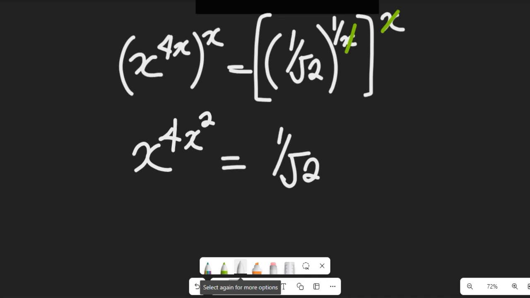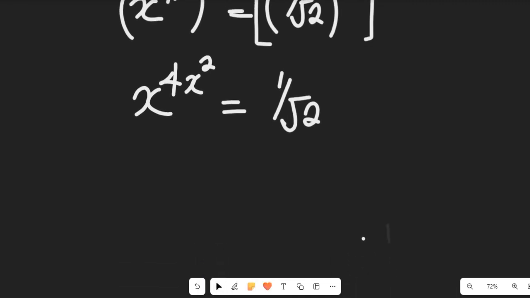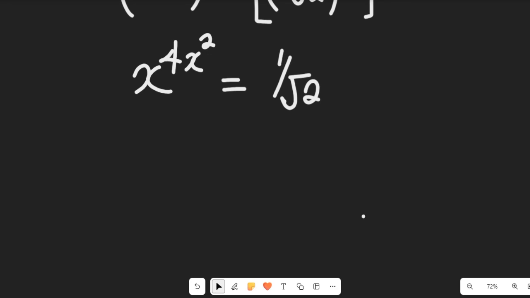So, having cleared away the fraction, the next thing is to see how I can reduce the exponent on the left hand side. So what do we do from there? From the left hand side, all I'm going to do is to see how I can take away the 4. And the only way I can do that is to multiply both sides by the exponent 1 divided by 4.